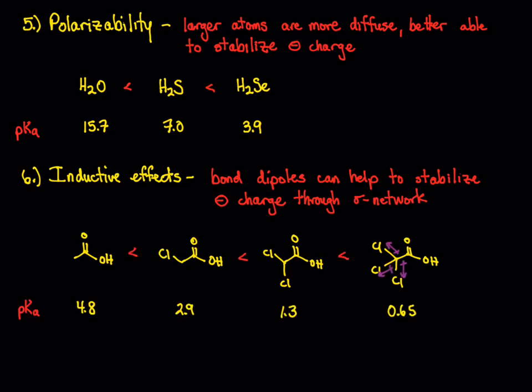Since chlorine is an electronegative atom that pulls electron density through the sigma network, we see a decrease in the pKa as the number of chlorine atoms increase. This is because when acetic acid is deprotonated, the negative charge can be stabilized slightly by inductive effects through the sigma network. And there is just simply more induction with trichloroacetic acid than monochloroacetic acid.